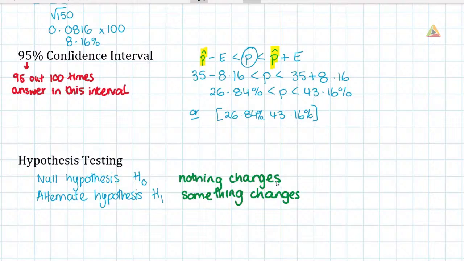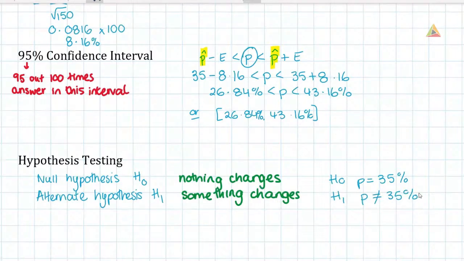So we're looking at whether our proportions are going to change. So in this example that we're looking at here, the survey said that 35% of people preferred brand A. So the null hypothesis would be H0, p is equal to 35%. And the alternate hypothesis, H1, would be p is not equal to 35%.